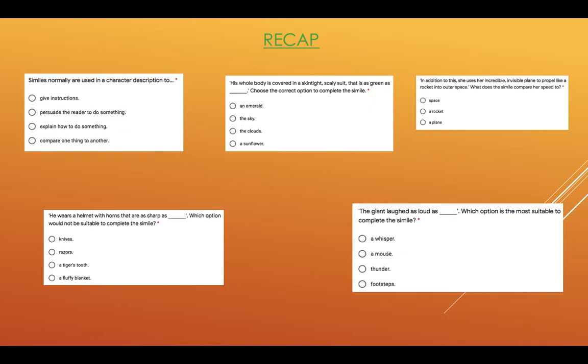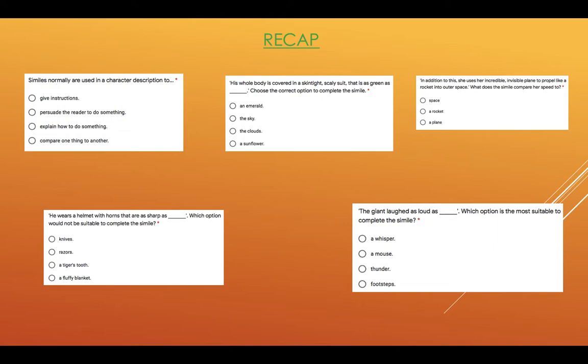Number 4, he wears a helmet with horns that are as sharp as. So we're looking for the word that would not be suitable. So that will be number 4, a fluffy blanket. All the other things are very pointy and sharp. And number 5, the giant laughed as loud as. It's number 3, thunder. How did you do?